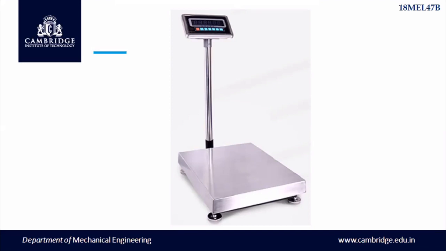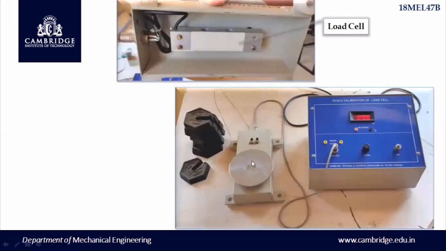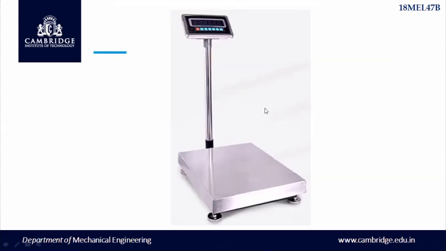This is the load cell, and these two components, the pan as well as the digital indicator, will look like this. So assume this is the pan on which the item you want to measure will be kept, and this is the digital indicator. Both are assembled to look like this.